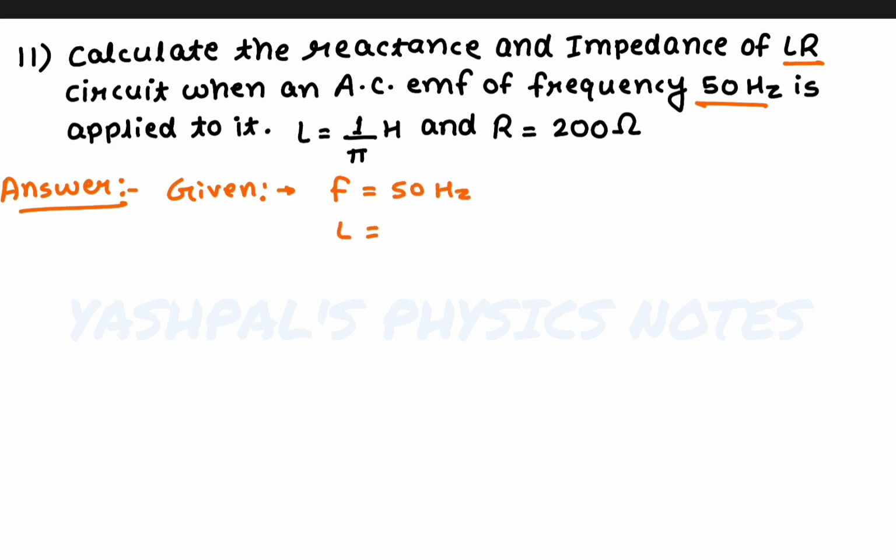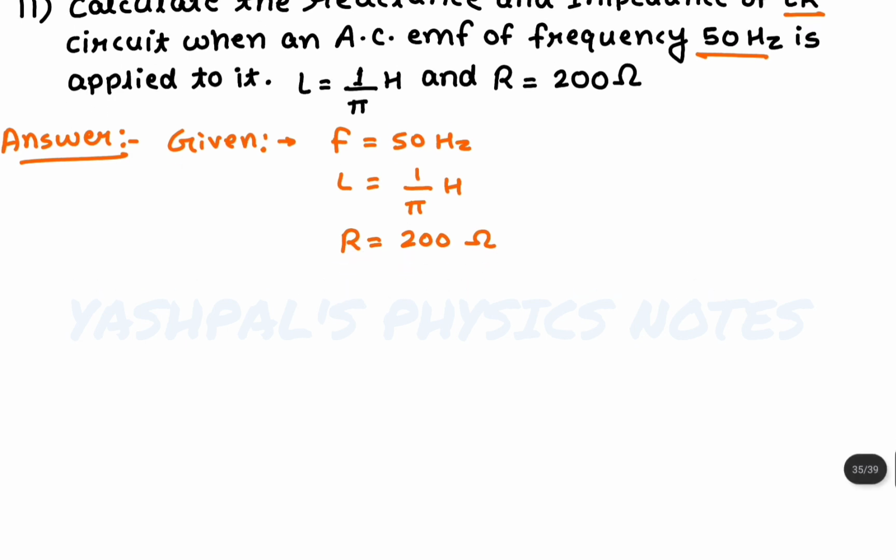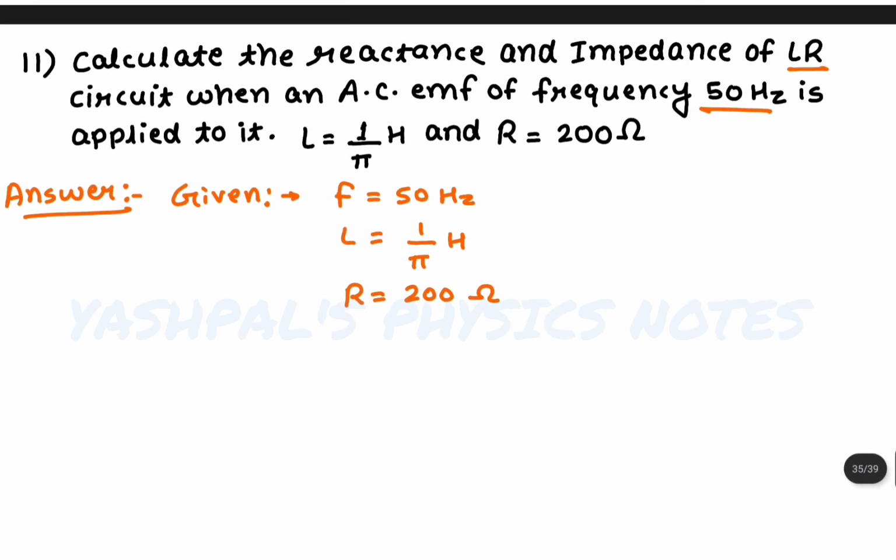Then L is given as 1 by pi Henry. Here I am not writing the value of pi as 3.14, or you can also cancel it out. As I solve this question, you will see that this value pi will get cancelled out with some term. Then R is equal to 200 ohm.